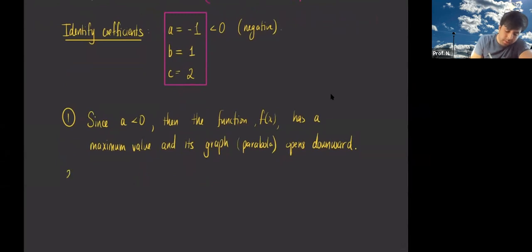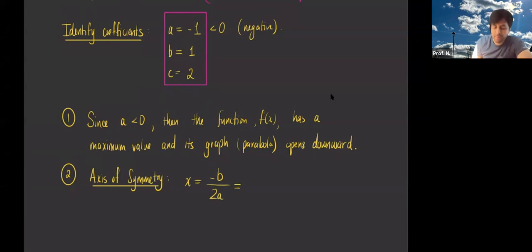What's the second thing I can figure out? I can figure out the axis of symmetry. Now, what's the axis of symmetry again? x equals negative b over 2a. The b value is 1, so I'm just going to plug in everything.